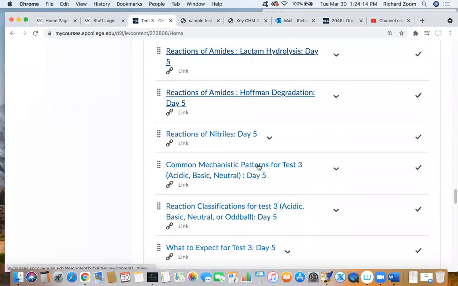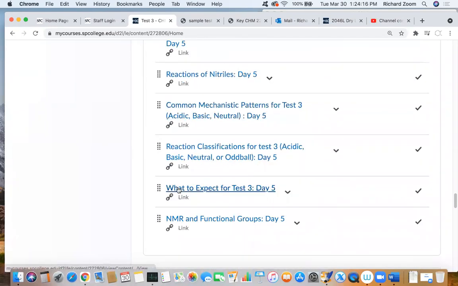And in amongst those load more ones, there's a what to expect for test 3. There's something on NMR and functional groups, which is interesting, reaction classifications, and common mechanistic patterns as well. If you don't hit load more, you won't get to see those. And some of those are pretty interesting.